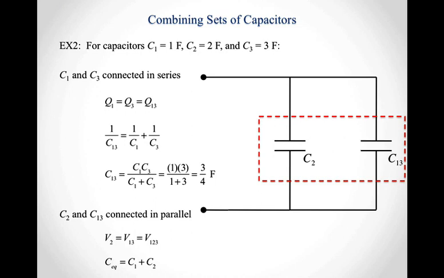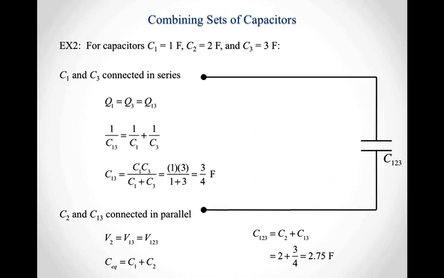It's simply add up what those two values are. And so in this case, I get that C123 is C2 plus C13, that's 2 plus 3/4, that's 2.75 farads. So when I combine all three of these capacitors into a single element, the equivalent capacitance of that single element, C123, is 2.75 farads.